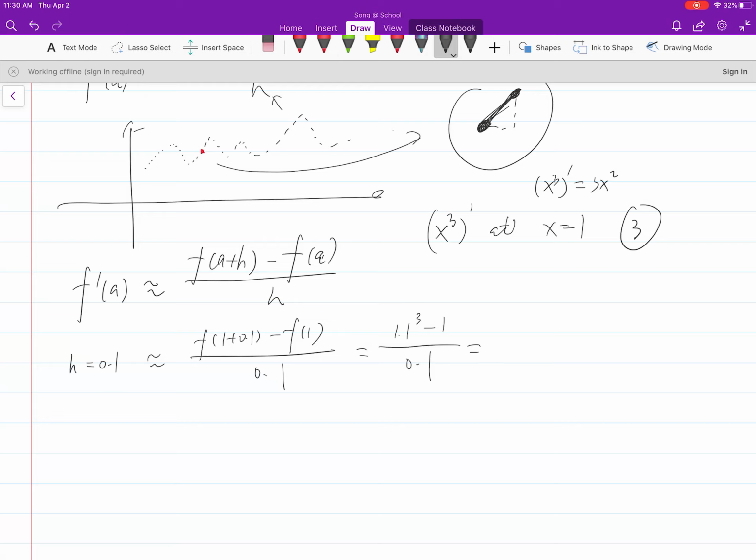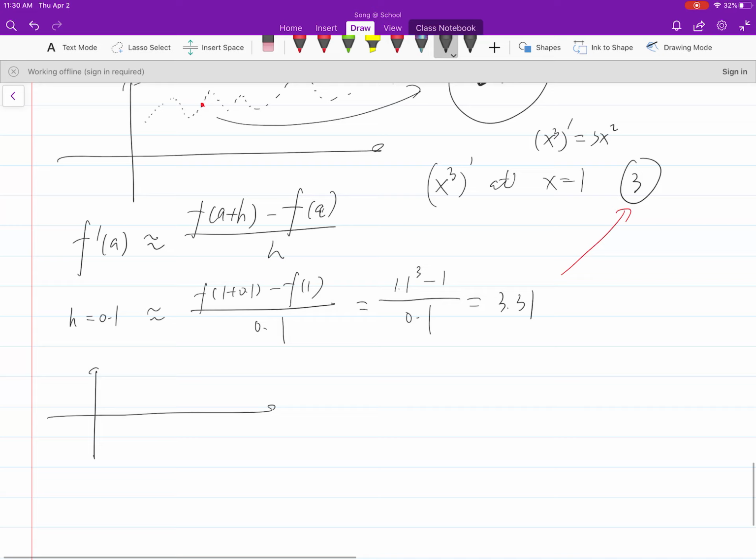Use a calculator. You will find this is going to be 3.31. Okay, this is not too bad because the real one is 3, and you are more or less the same. Now, to make it better, you can just take h to be 0.01, and so on. Good so far? So eventually, if you take h to be really small, you will get closer and closer to 3. That's what we had before.